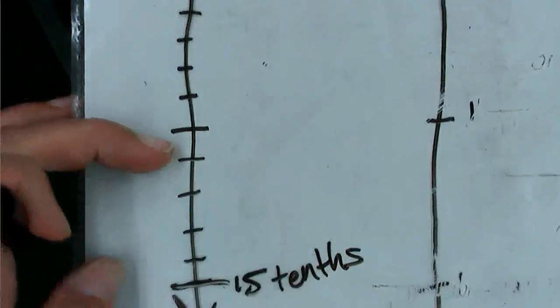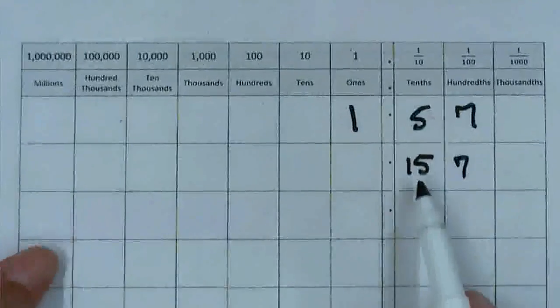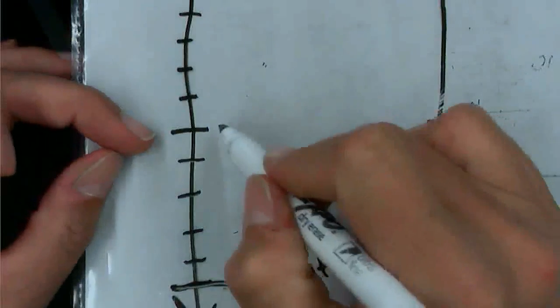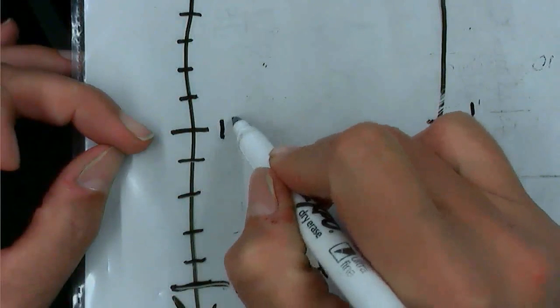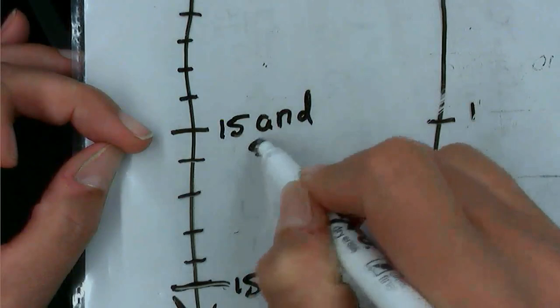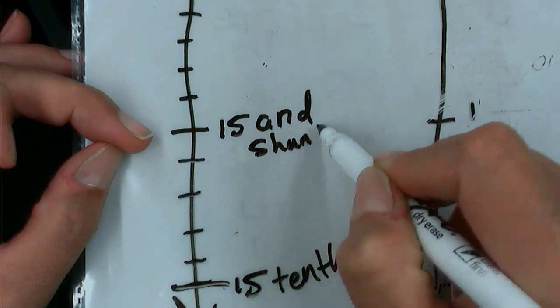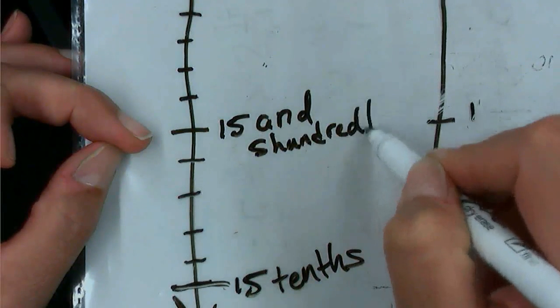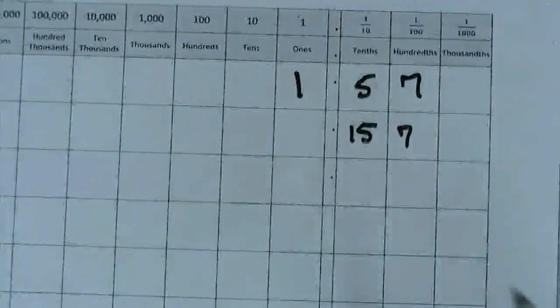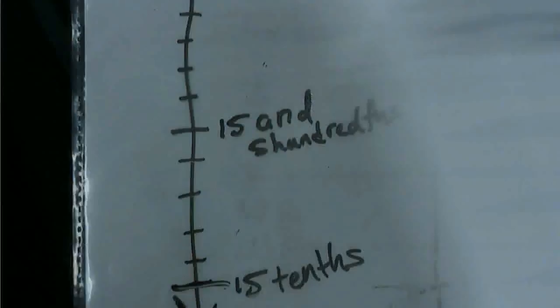We know that partway in here, 15 tenths, how many hundredths do we have? We know that that halfway mark, then that magic one is going to be 15 and 5 hundredths. When we look at our chart again, we actually had 7 hundredths.